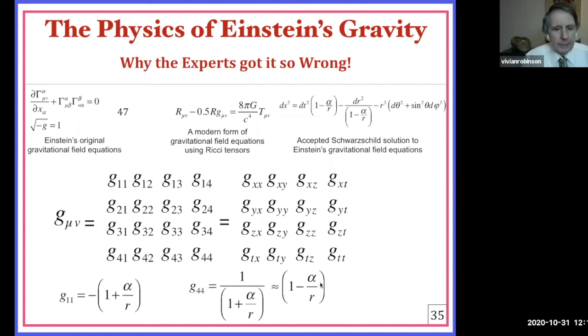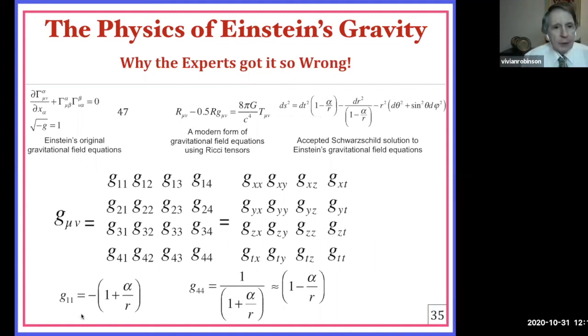Look, they may look complex, but in a radially symmetric situation, the only coefficients of concern are G11 and G44. Radial symmetry just means it is either falling under gravity towards or moving upward away from the center of mass with no sideways movement.